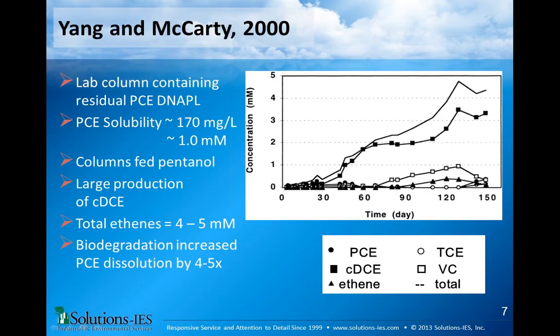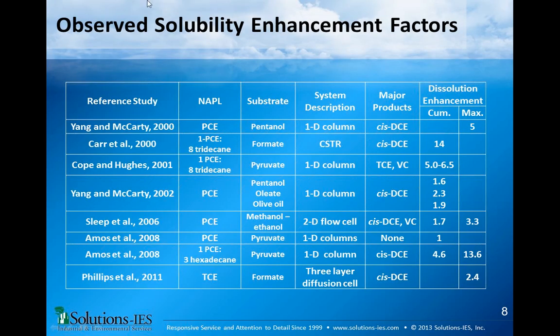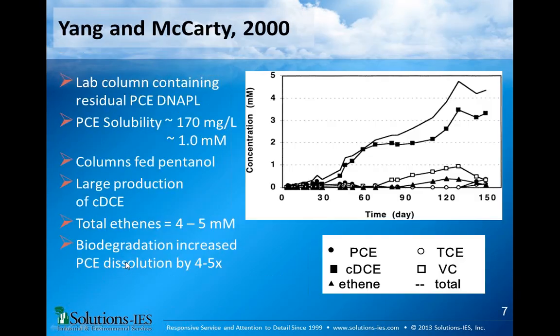Over time, let's see, the dark circles are PCE, the dark squares are DCE. So within about 4 months here, basically, we're producing a lot of DCE. And if you sum up the DCE plus the PCE plus the TCE plus the vinyl chloride all up, you get this solid line up here.